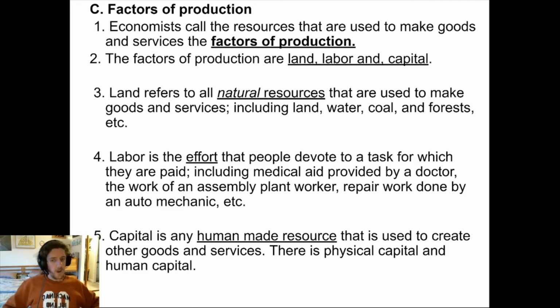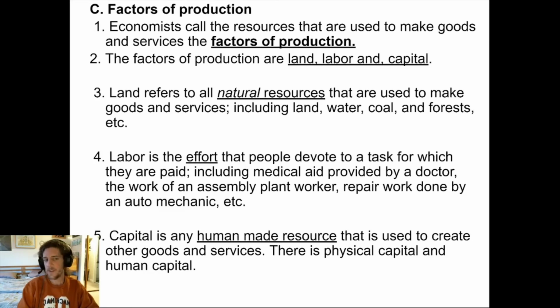Okay. So when we do go and choose to make goods and services out of our limited available resources, what we're doing is combining the factors of production. So there's three major areas for factors of production. We've got land, labor, and capital.